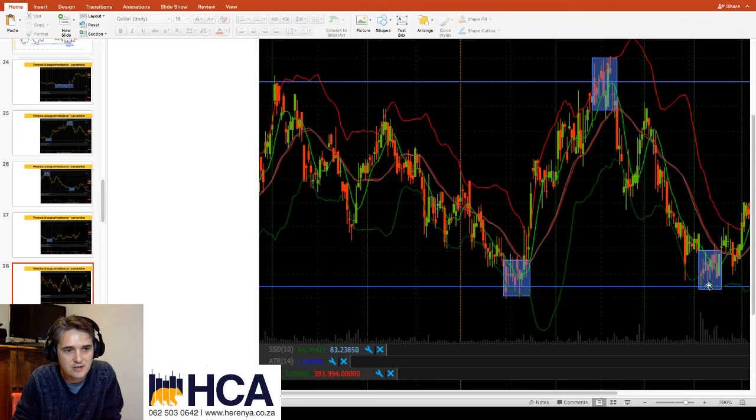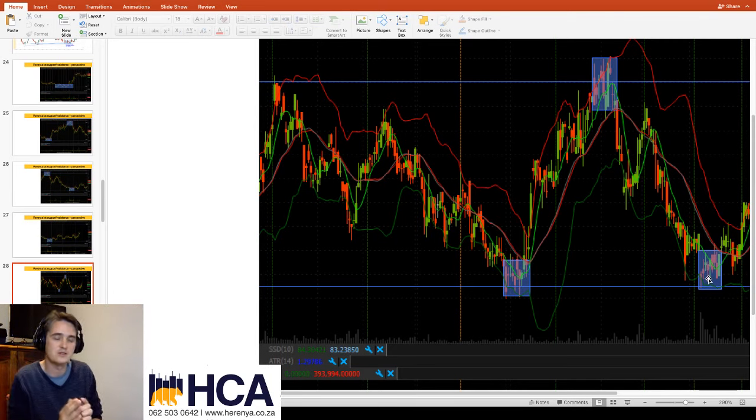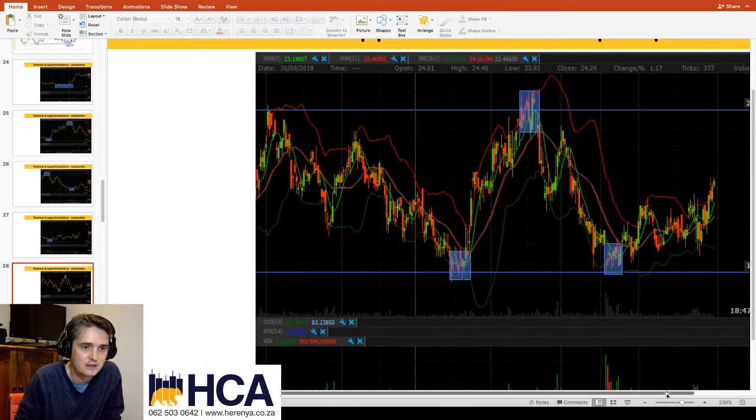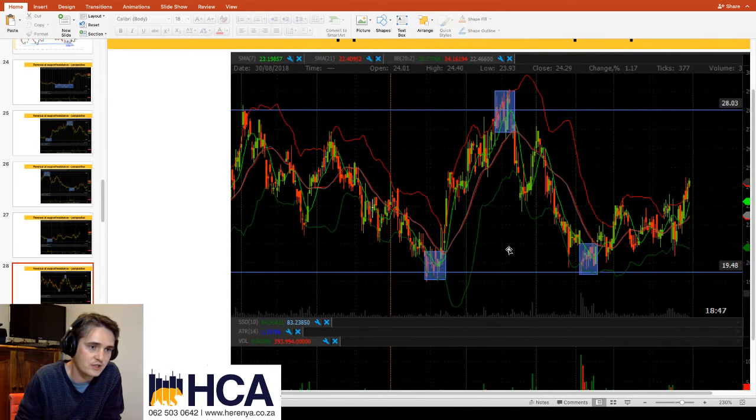There's a reversal candle, there's a reversal candle, there's a reversal candle, all at the same sort of, or not reversal candles, like bars, low bars, you know, the points at which you can actually say this is an identified low bar. So if you look at this, now it starts to form this range. You've got a support level, you've got a resistance level, and you've got confirmed support and resistance on either end.